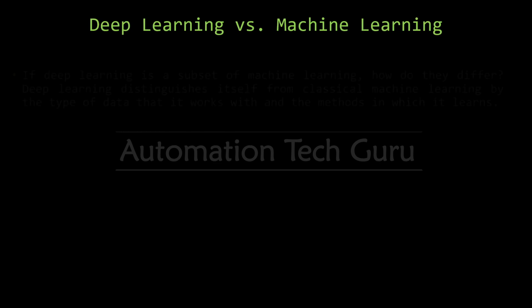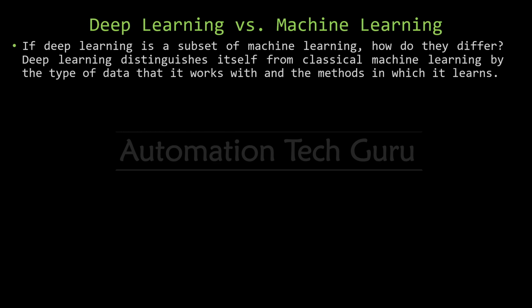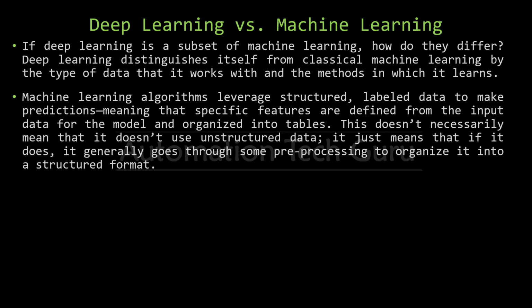Deep learning versus machine learning. If deep learning is a subset of machine learning, how do they differ? Deep learning distinguishes itself from classical machine learning by the type of data that it works with and the method in which it learns. Machine learning algorithms leverage structured, labeled data to make predictions, meaning that specific features are defined from the input data for the model and organized into tables.